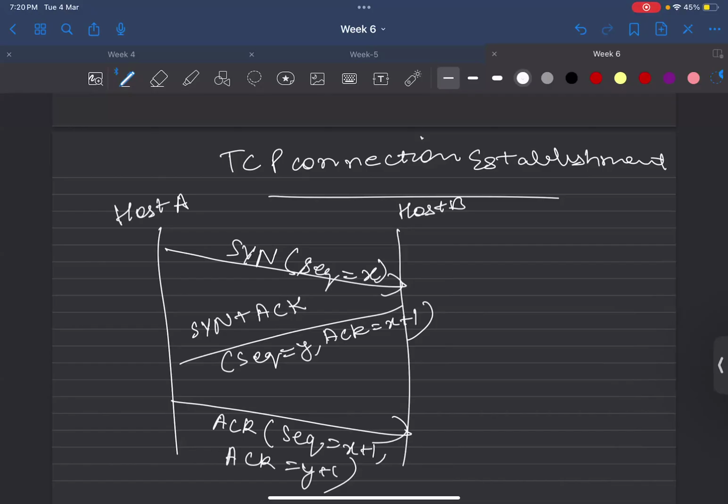This is the three-way handshake for bidirectional communication between host A and host B. What do you mean by bidirectional communication? It means host A can send data to B and vice versa. Yes, so messages are sent by both host A and host B, SYN plus acknowledgement. The synchronization message is there, then the acknowledgement of this message, and again a new message is sent from host B to host A, then the acknowledgement of the above message, and the new sequence number.